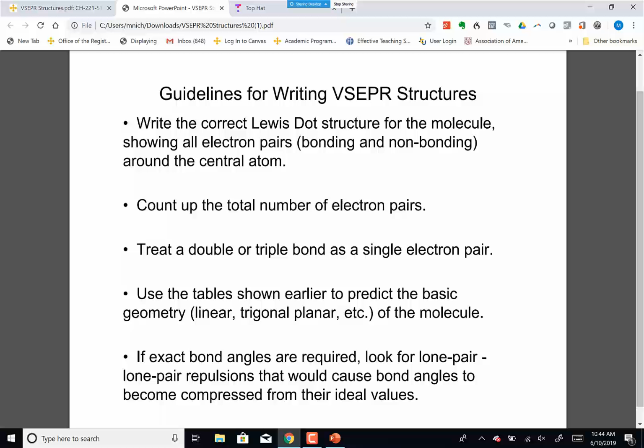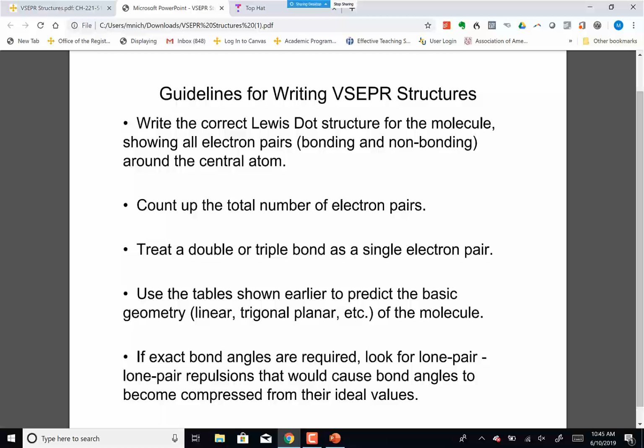We're not going to be doing molecules with resonance structures, but in theory, the shape of the molecule doesn't depend on the resonance structure. They all have the same shape. Then we count the total number of electron pairs, treating a double or a triple bond as if it was one pair of electrons. And we'll find the reason why.